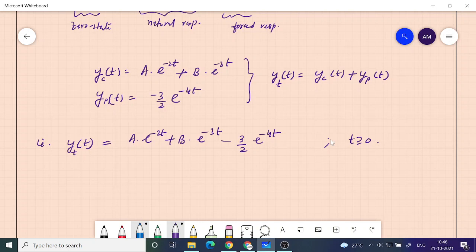The initial conditions that we would require in this particular case: if we know y of 0 plus and y dash of 0 plus, then you will get two equations from which we can find these a and b coefficients.